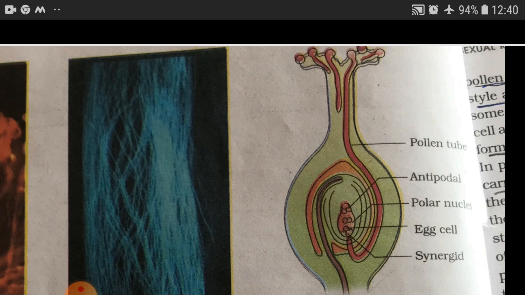Once the contents of the pollen grain move into the pollen tube, it grows through the tissues of the stigma and style, and it reaches the ovary. When it reaches the ovary, the generative cell may divide and form two male gametes, and after that it will effect the fertilization.